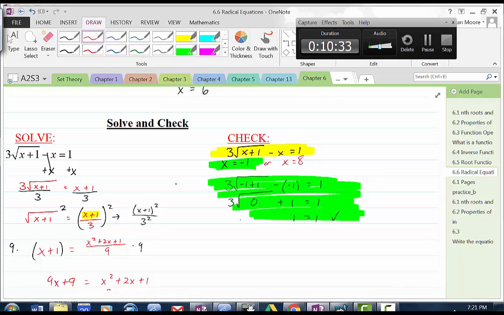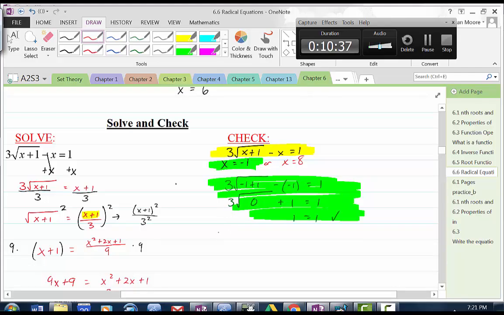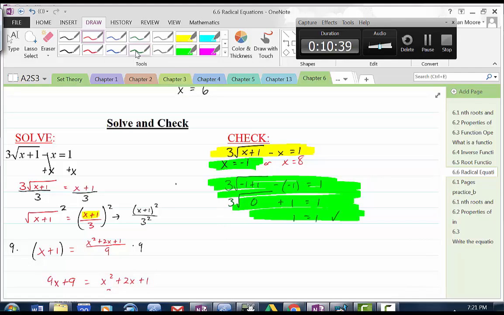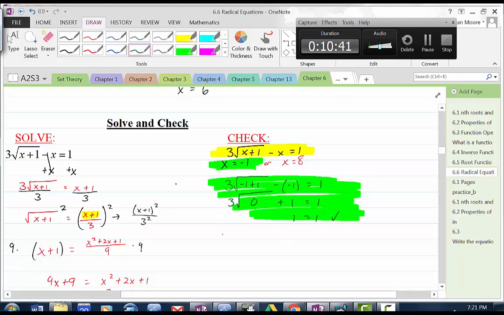Let's check to see if 8 works. We're going to do 3 times the square root of 8 plus 1, minus 8 equals 1.